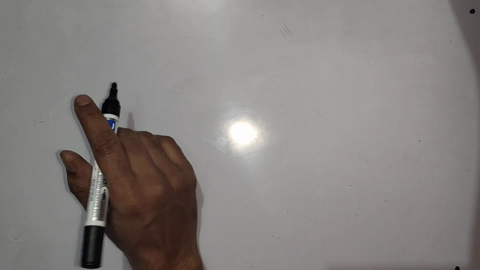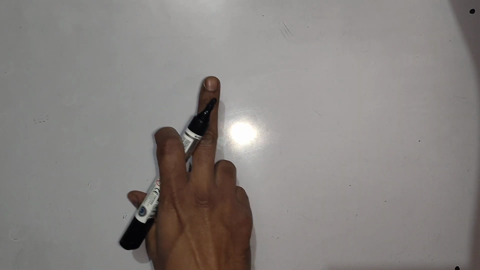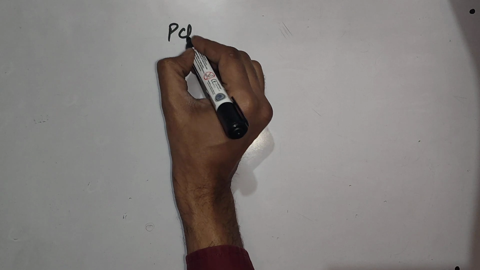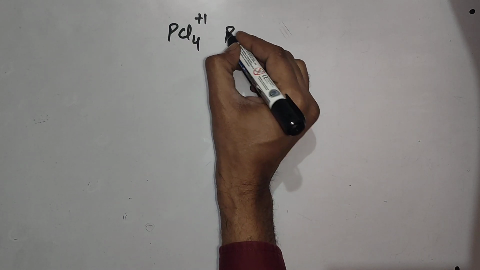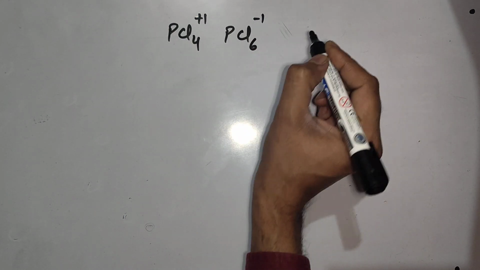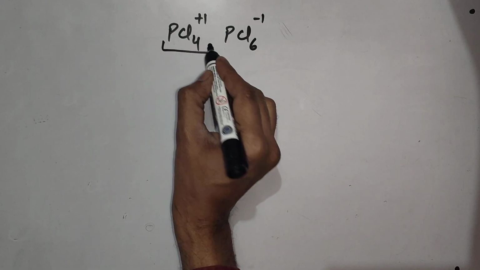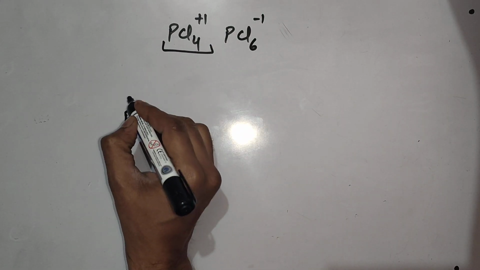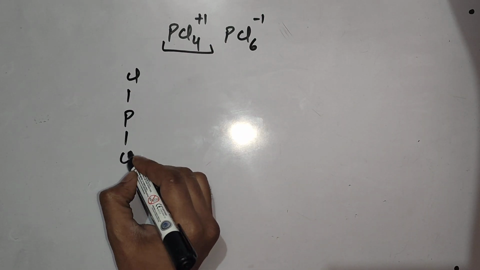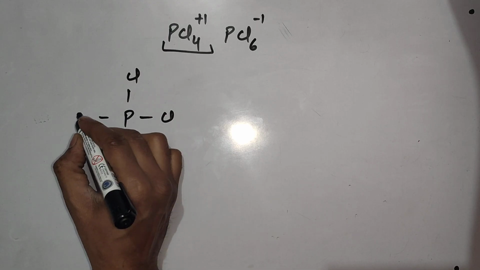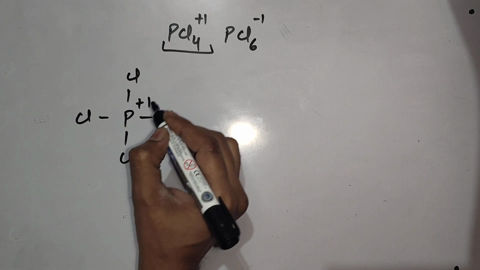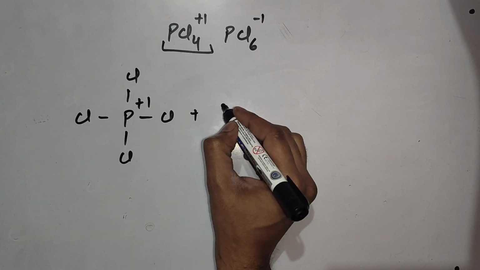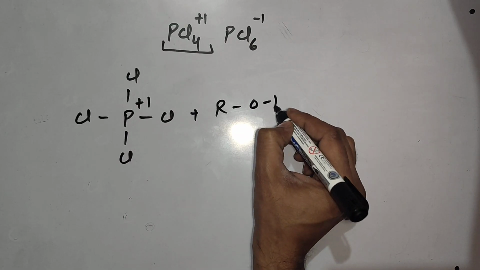For the reaction with alcohol, out of PCl4 positive and PCl6 negative, PCl4 positive will be utilized. The reason is very obvious, because it is carrying a complete positive charge, and in alcohol who is present?